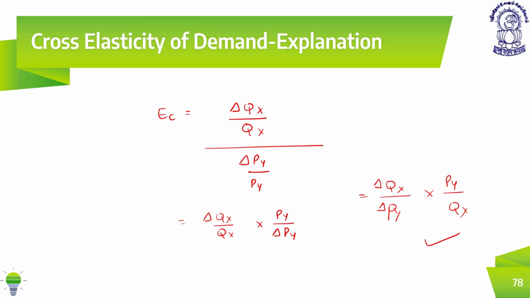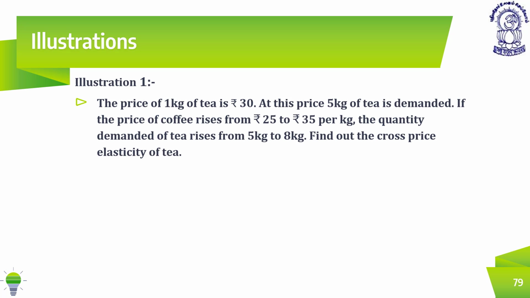Let's move ahead and see a few illustrations in relation to cross elasticity of demand. The price of 1 kg of tea is 30, so Px equals 30.